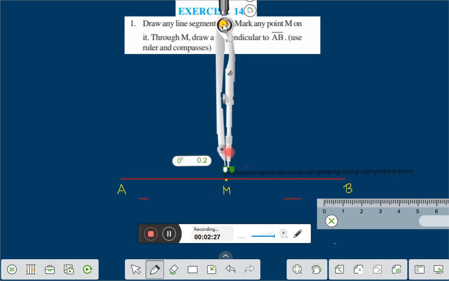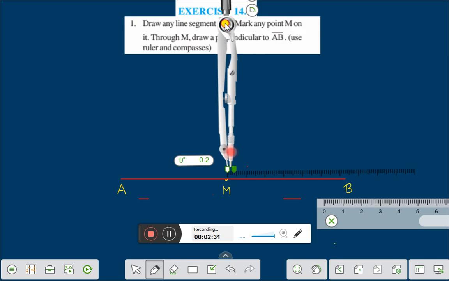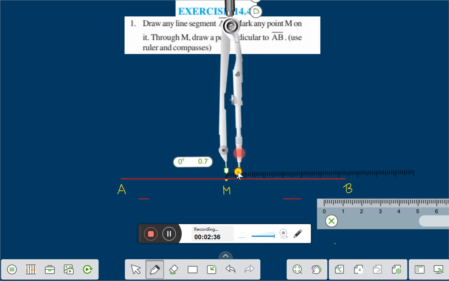Place this pointer at point M, here, and take an arc.